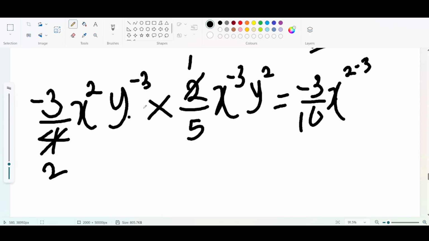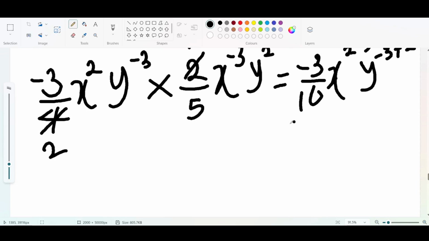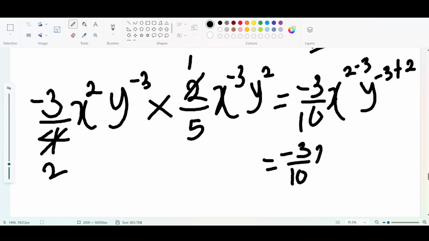And also y is raised to power minus 3, and this power is 2, so minus 3 plus 2. So this is now minus 3 over 10 x raised to power 2 minus 3, and 2 minus 3 is minus 1.